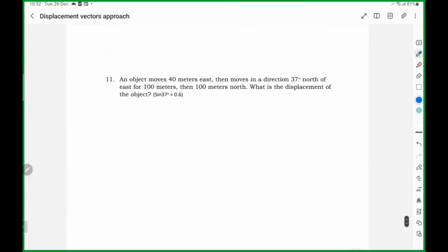So the last problem. An object moves 40 meters towards east. And then moves in a direction 37 degrees north of east. East, west, north. North of east means east to north.